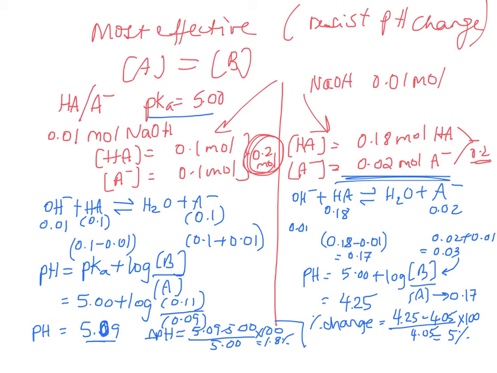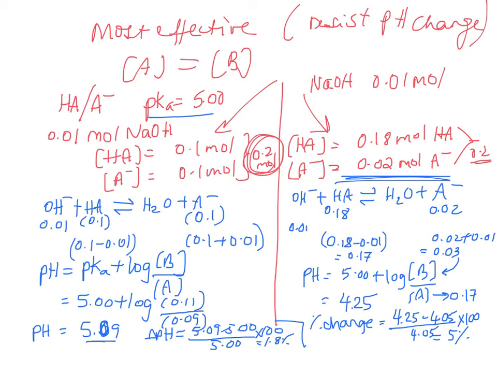So realize that the buffer with equal amounts is more resistant to pH change and is an effective buffer. So we basically proved the principle that the buffer with more resistance to pH change is more effective, and so a buffer becomes less effective as the difference in the relative amounts of the acid and the conjugate base increases.